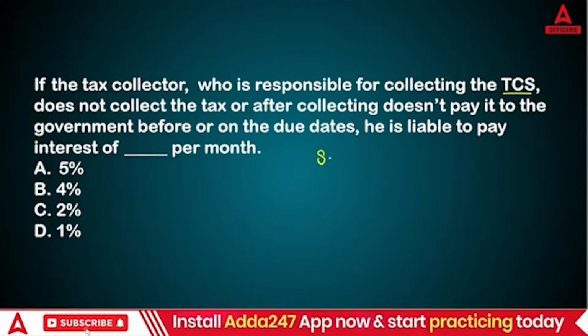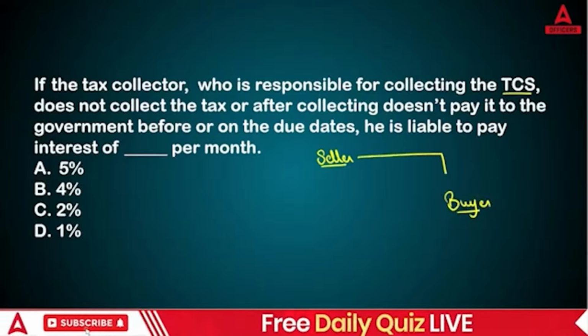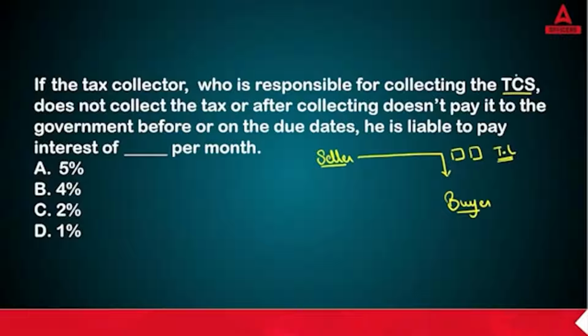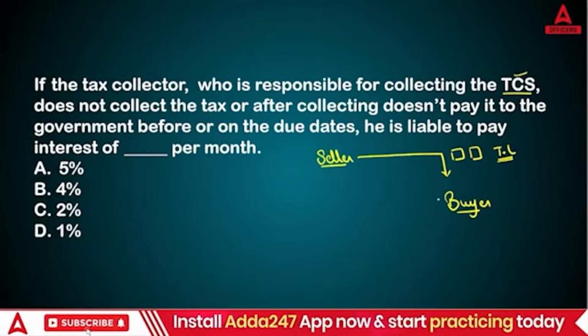Generally, TCS is applicable between seller and buyer relationship. Here, seller supplies some specific goods. Yes, let's say tendu leaves. Tendu leaves is one special or specific goods which is actually applicable for TCS. Now, as soon as buyer receives the tendu leaves, buyer is required to pay.